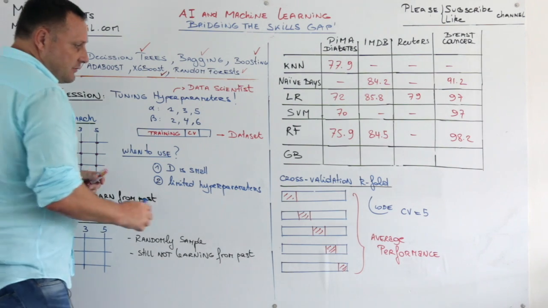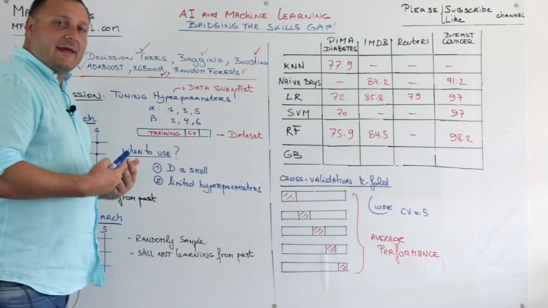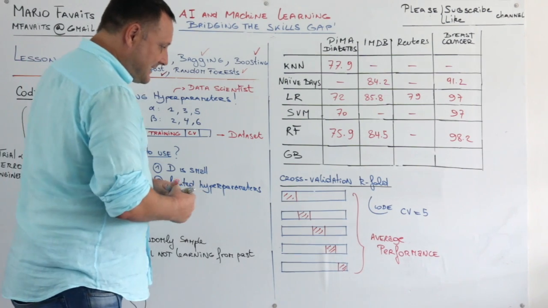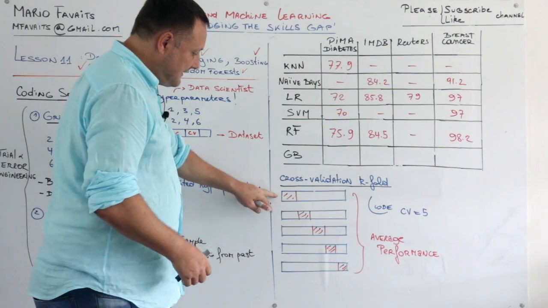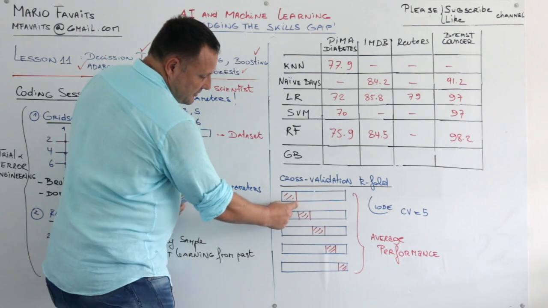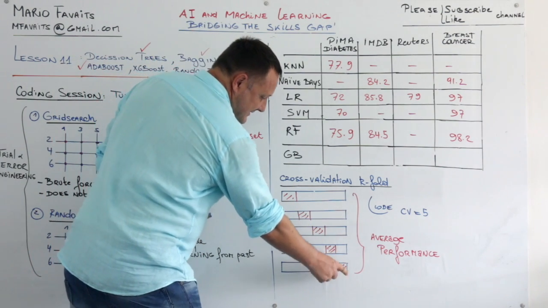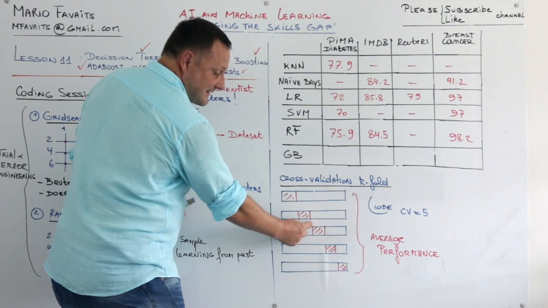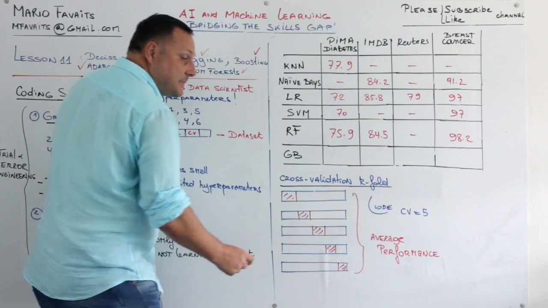In the coding session, we will use cross-validation, or k-fold cross-validation. Basically, you have your data set and you split it into 5 pieces. The first time you do cross-validation on this piece, the second time on this piece, the third time on this piece.